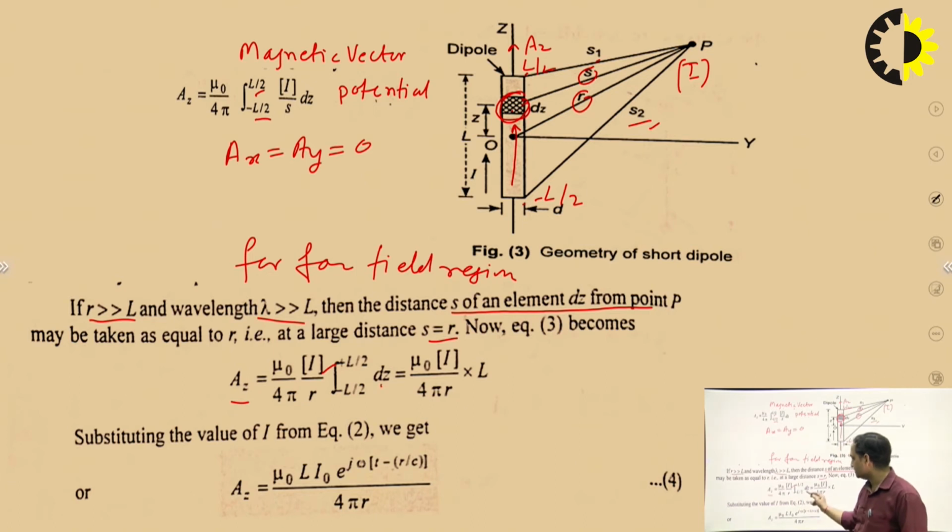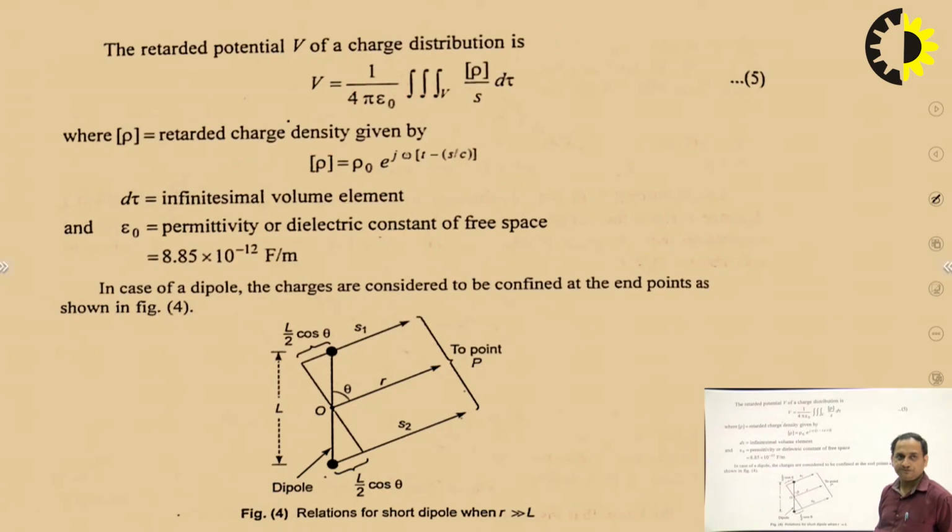Only dz will be left, and the length of dz is L, so we can simply multiply with L. When we substitute this into equation 2, AZ will be equal to L I naught e to the power j omega t minus r upon c upon 4 pi r. So this is the equation which we are getting, which is the magnetic vector potential.